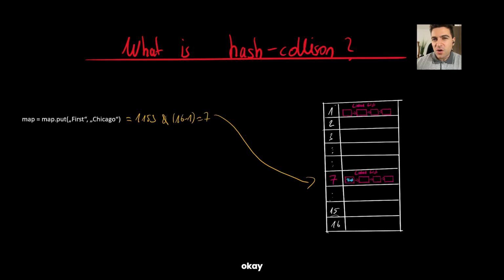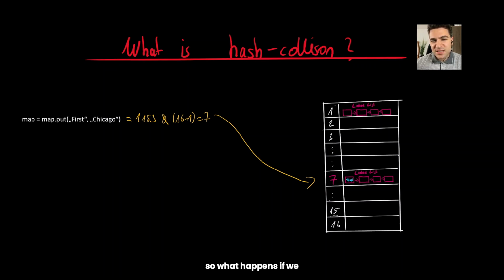Okay, so let's visualize this concept of hash collision again to make it really clear what's happening here. So this is our situation where we have been before, right? We have our value Chicago, with our key first, and we know the hash code is 1159, and in the end we put it in the 7th bucket, right?